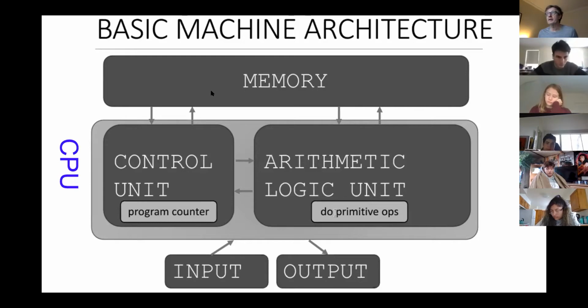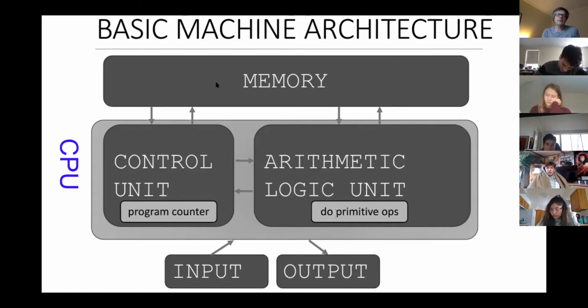Memory, not surprisingly, is where we store things. Then it has what we call the CPU, which stands for the central processing unit, and it's the brains of the operation, and it's got two pieces. It's got the control unit and the arithmetic logic unit, or ALU. So what happens?